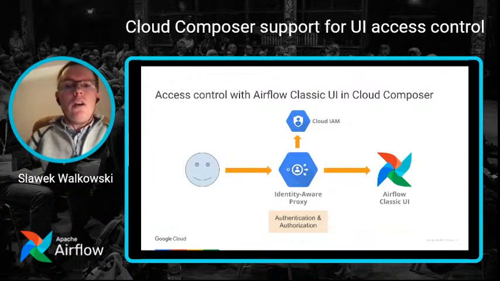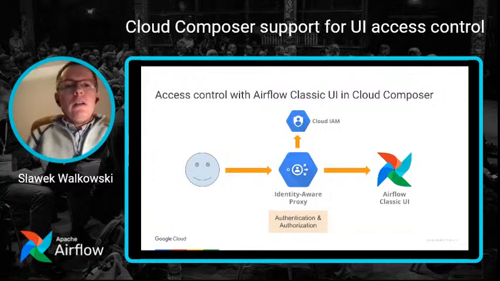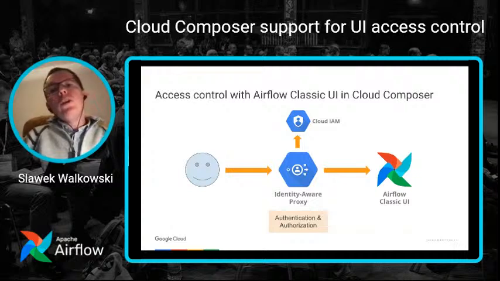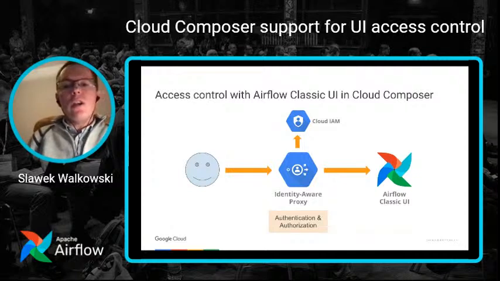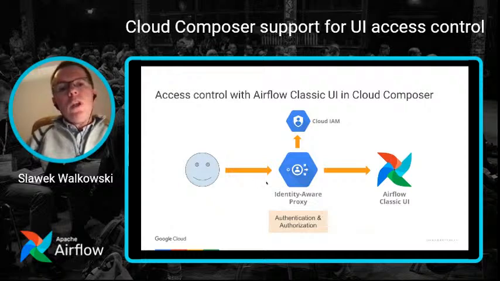classic Airflow UI doesn't offer fine-grained access control measures, we are still applying cloud-side access control when the user is accessing the classic Airflow UI. So all the requests from the users go through Cloud Identity-Aware Proxy.